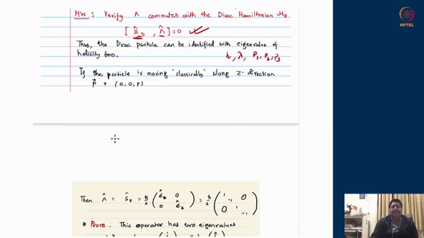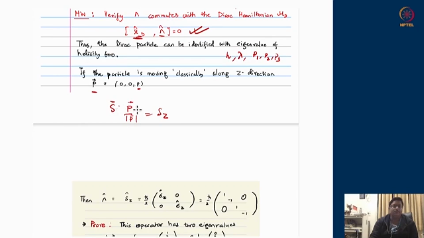Suppose the particle is traveling along the z direction. That means momentum has only one component along the z direction, the x and y components are 0. In that case, the projection of the spin along p, s dot p divided by the magnitude of p, will just be sz, because the full vector p divided by its magnitude will just give me the unit vector along the z direction.